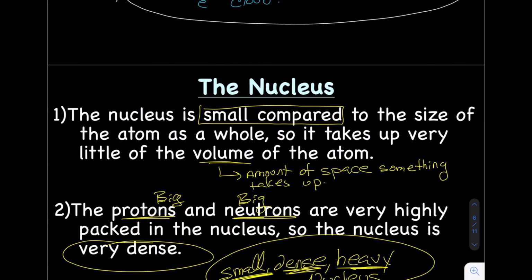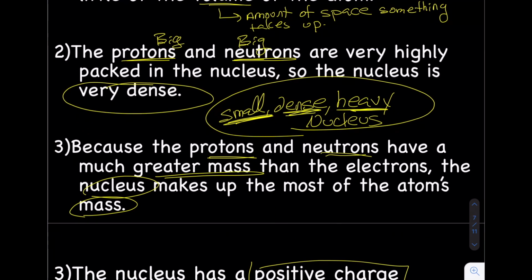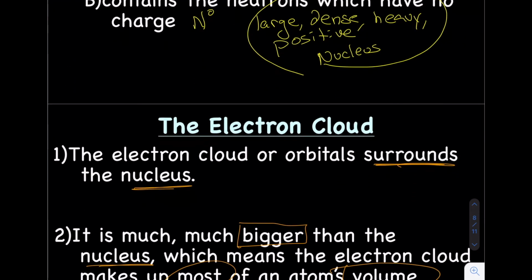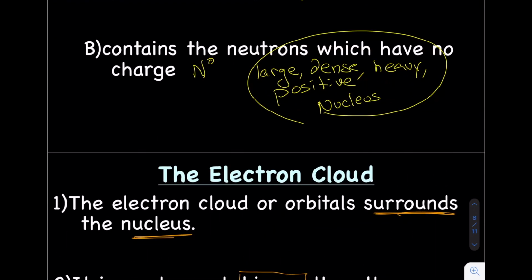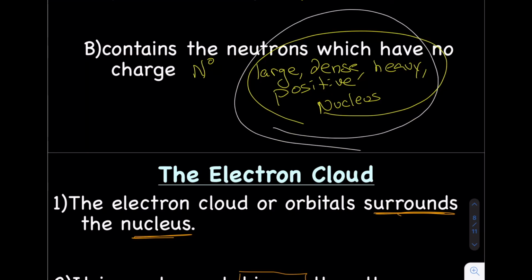Then let's talk about the nucleus. Nucleus is small, dense, and heavy. And the electron cloud is, oops, I forgot something on the nucleus. It's large, dense, heavy, and positive. Sorry about that.